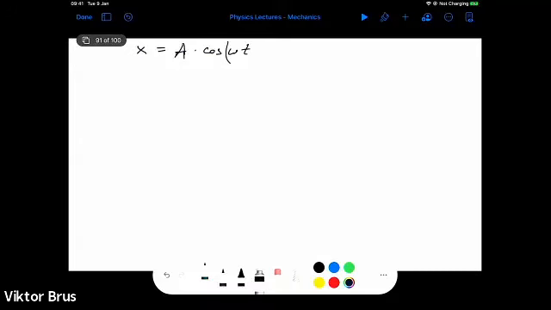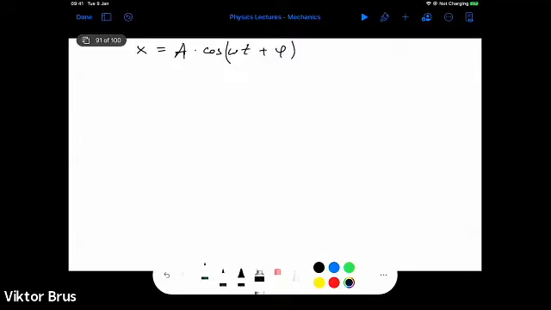We have cosine omega t plus phi. And phi is this initial phase shift between time and oscillation.